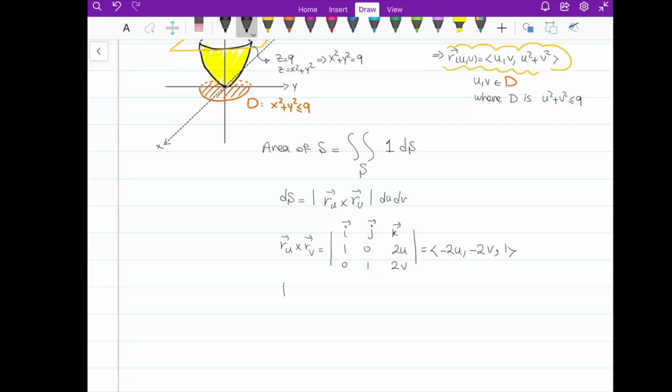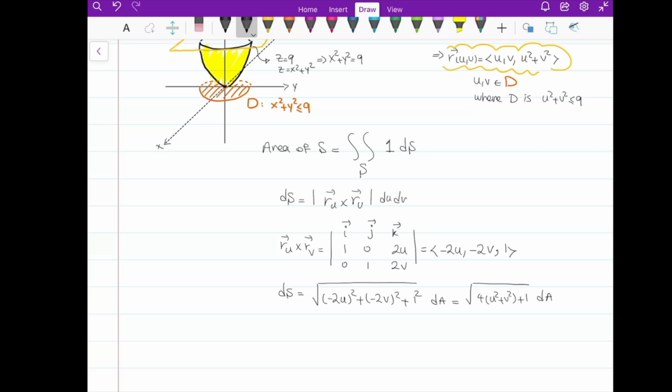Okay, so the length of that would be my dS, so it would be the square root of negative 2u squared plus negative 2v squared plus 1 squared and then du dv, which I can write as dA. So I get the square root of 4u squared plus v squared plus 1, and then dA.